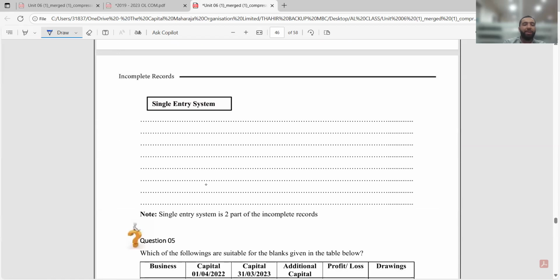So let's move on to the single entry system. This is a part of the incomplete records.